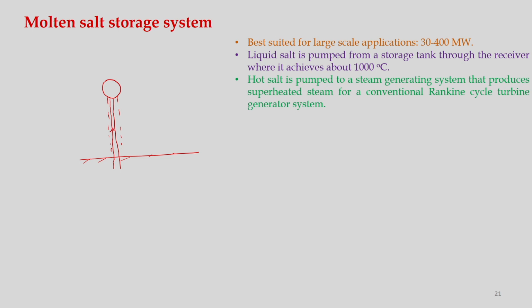Then we will draw a line and then we will have this. So, these are the heliostats, solar radiation is falling here, it goes here, and it is falling here, so maybe here also solar radiation is falling and it goes there.